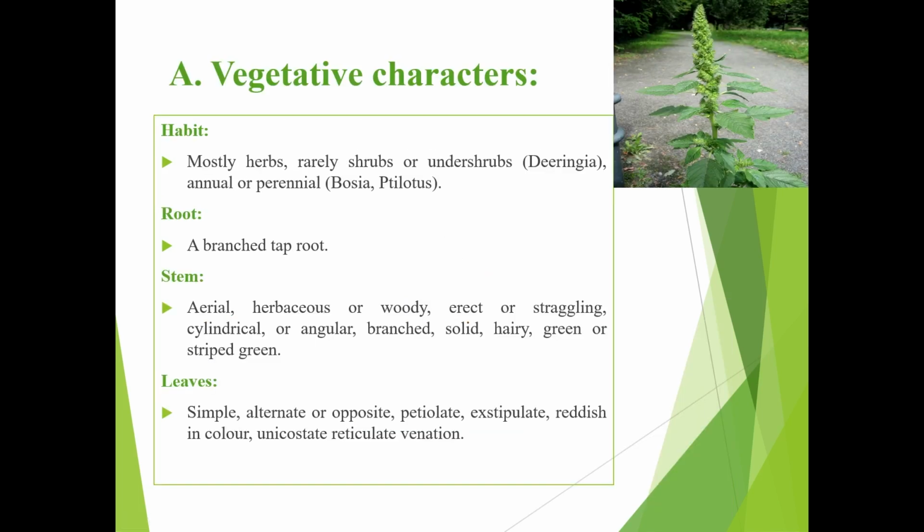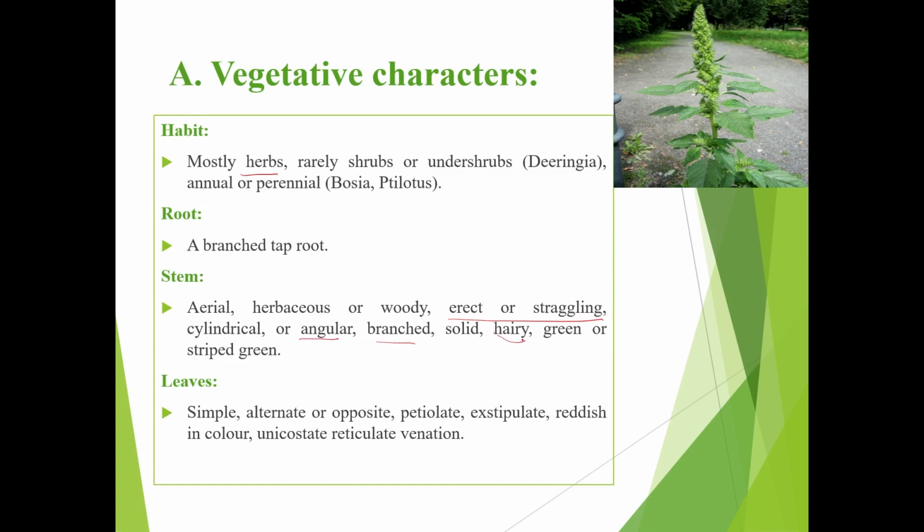If you see the vegetative characters of the family Amaranthaceae, they are mostly herbs, rarely shrubs or undershrubs like Digera, annual or perennial like Boerhavia or Achyranthes. The root is generally a taproot. The stems are aerial, herbaceous or woody, generally erect, straggling, cylindrical, sometimes angular, branched, solid.